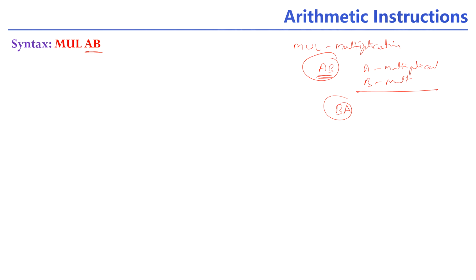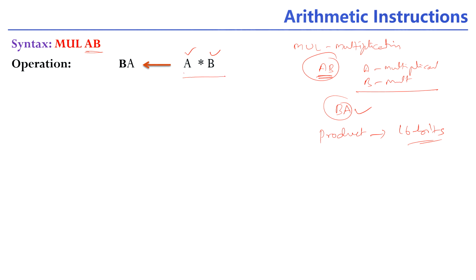Why? Because when you multiply two 8-bit numbers, the product size is 16 bits. So that's why the B and A combination will be used for the multiplication instruction. So let us see the operation now. Here our multiplicand is available in A, multiplier is available in B. So this instruction will perform multiplication of A and B, and the resulting 16-bit product is placed in the B and A combination.